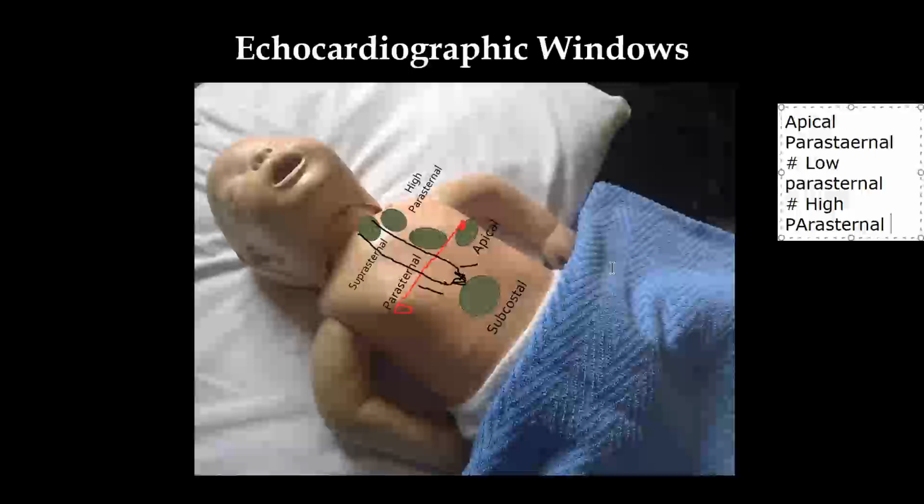And then in the end, you have subcostal views. So you have apical views, parasternal views, which are subdivided into low parasternal and high parasternal, and the subcostal views. So that's how we divide the windows or the views of the heart on the baby's chest.